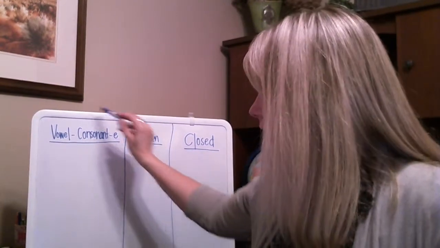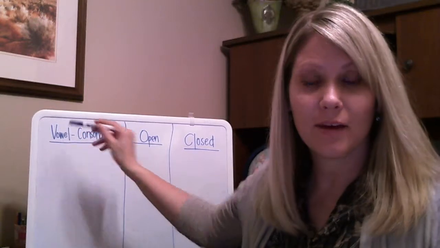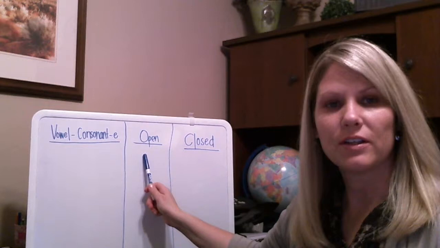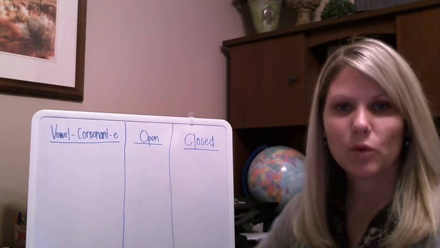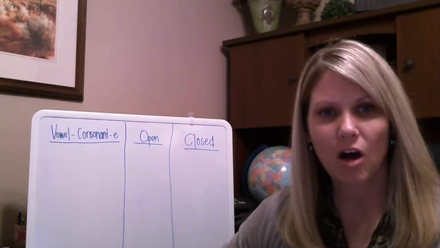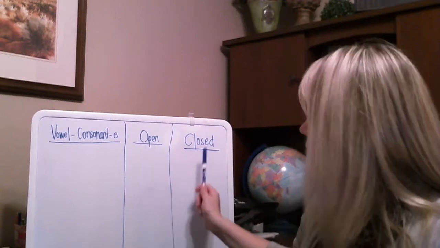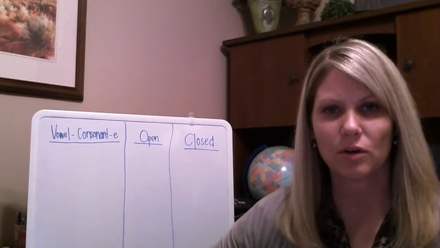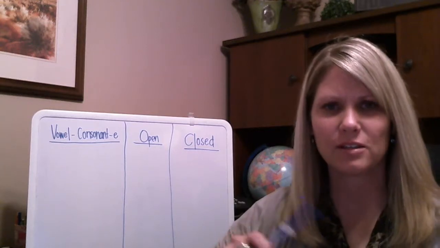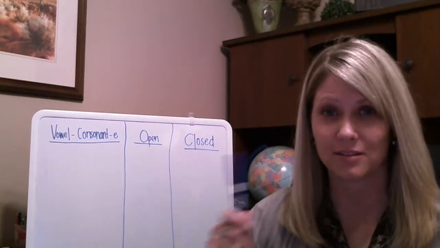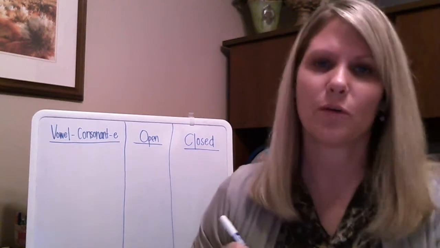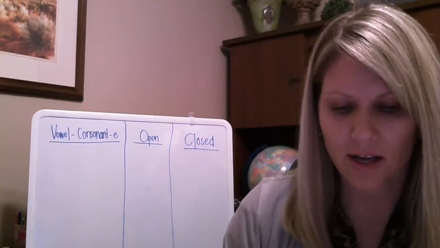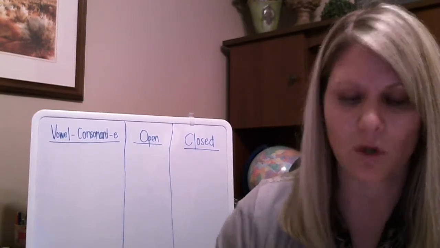And remember the E is silent, makes the vowel say the long vowel sound. We have to decide if it's an open syllable, which means it usually has a long vowel sound, or a closed syllable where the vowel sound is the short vowel sound. And then it's followed by either one or two consonants, okay? Just a reminder.